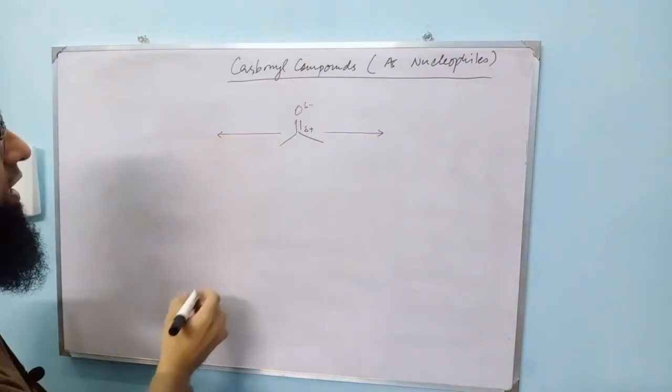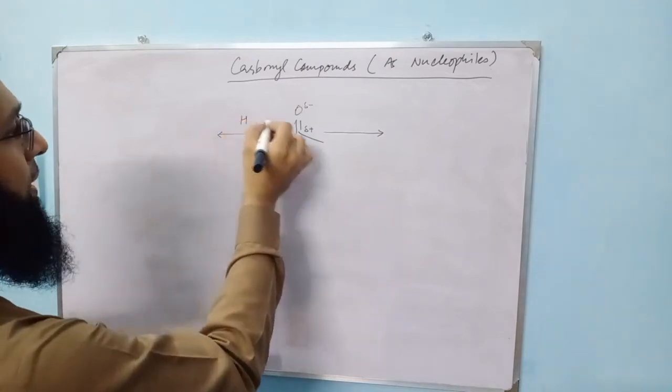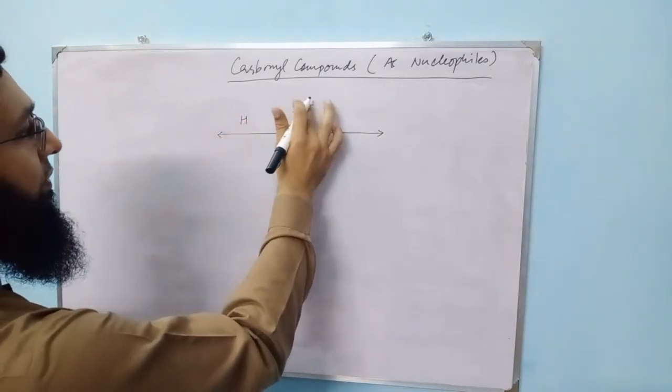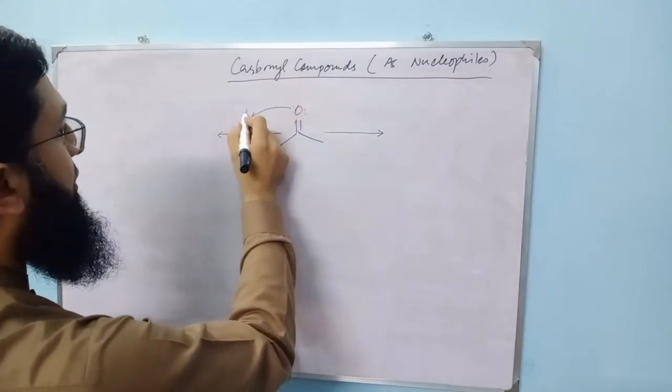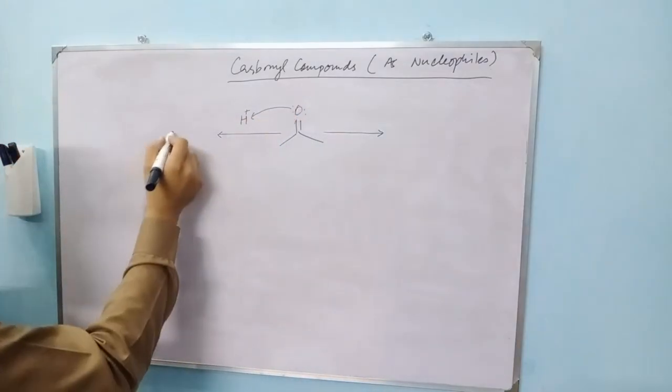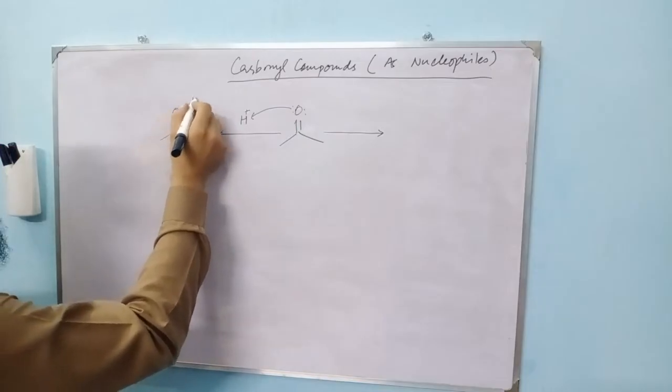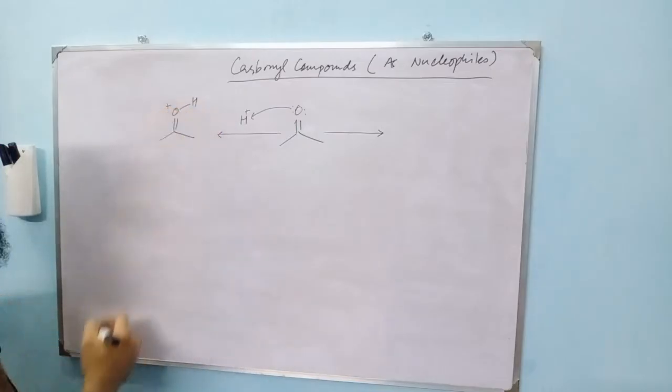In the case when we have an acid, because oxygen has a lone pair of electrons, it can take the proton, and as a result we get the protonated carbonyl compound.